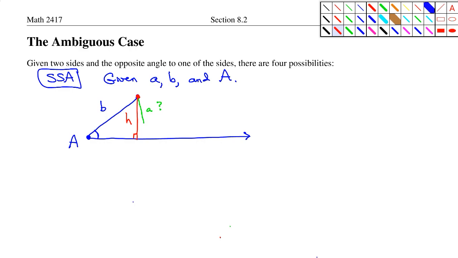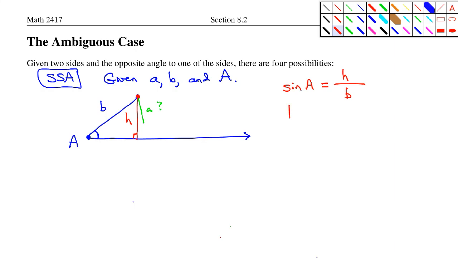And using right triangle trigonometry, the sine of angle A would have to be the opposite side, which is the height H, divided by B, which would be the hypotenuse of a right triangle that's formed over here.